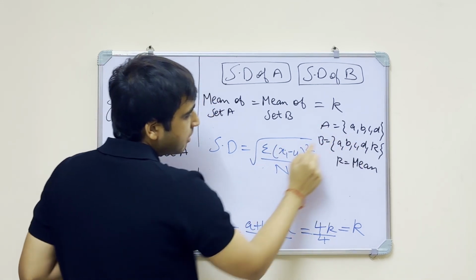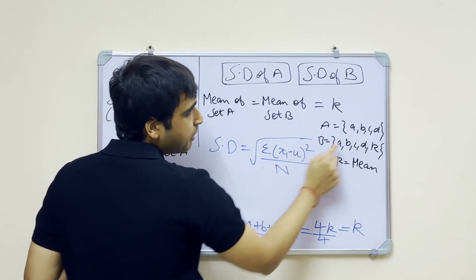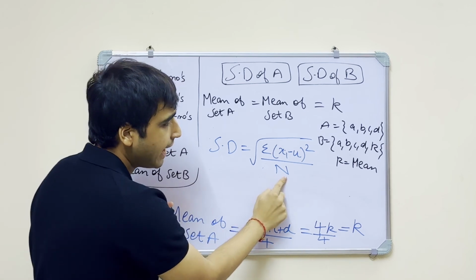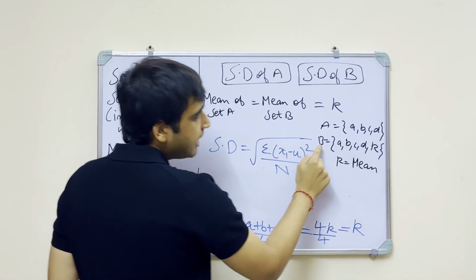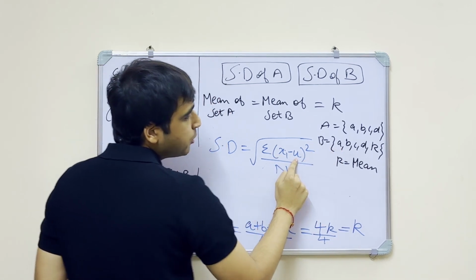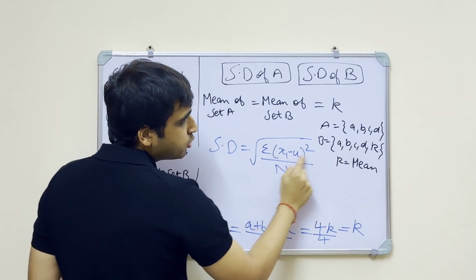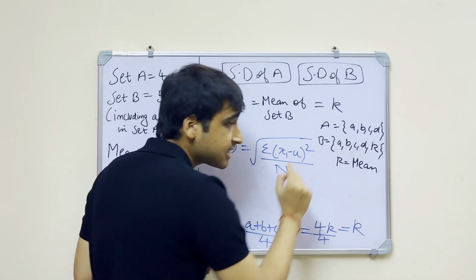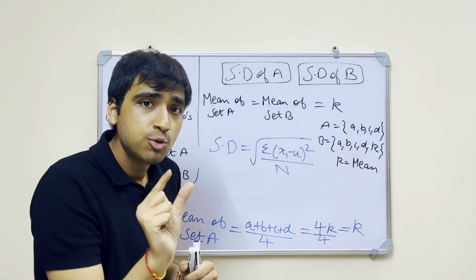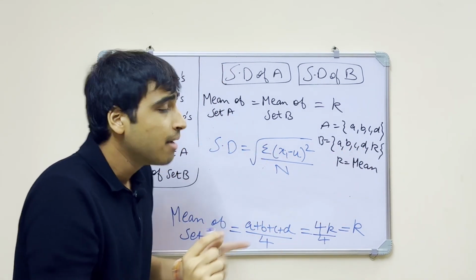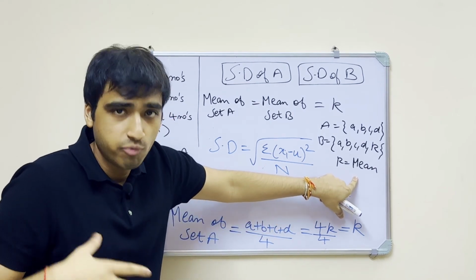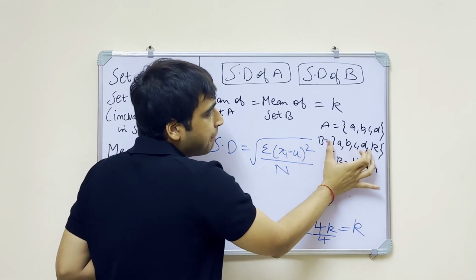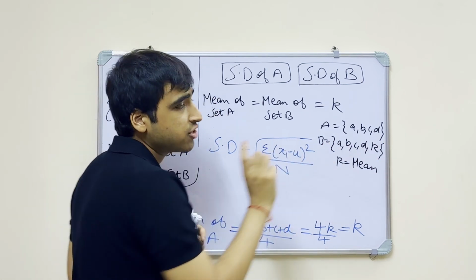In set A, it is (A minus mu) square plus (B minus mu) square plus (C minus mu) square plus (D minus mu) square upon n, where n is 4. In set B, there is the additional term (K minus mu) square, but because K is equal to mu, the mean, that gets cancelled.